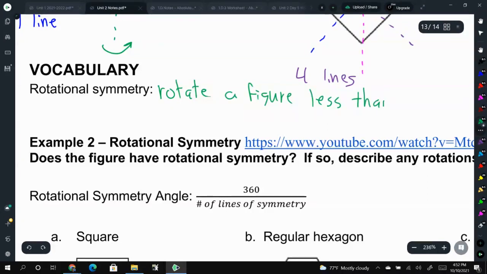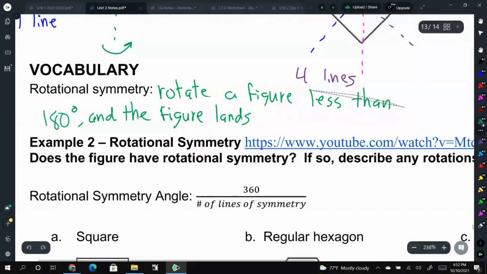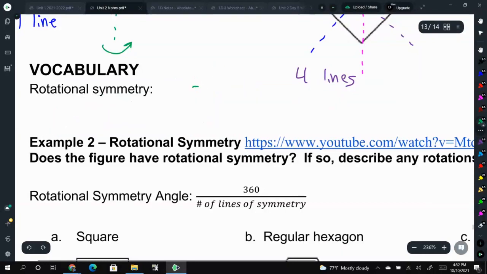Rotational symmetry is when you rotate the image and it lands on top of itself.